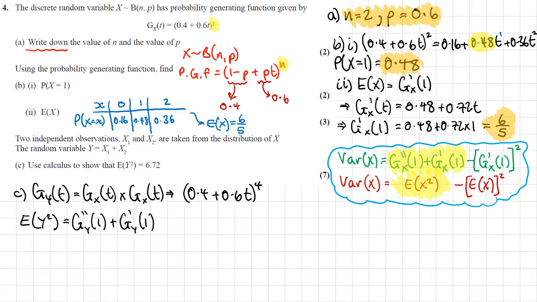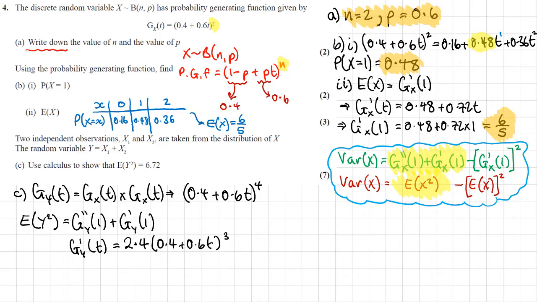So let's work out those bits first. Let's differentiate the probability generating function once, which is this here. We can just use the chain rule: differentiate the outside, so I'll have 4 at the front, 3 here, then multiply by the inside differentiated. So I'll have 4 times 0.6, which gives 2.4 at the front. So 2.4, the inside doesn't change, 0.4 plus 0.6t cubed, all cubed.